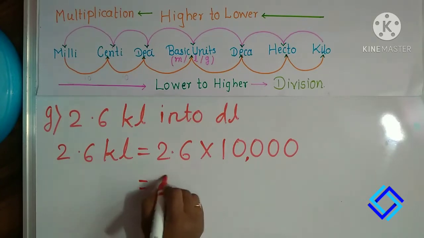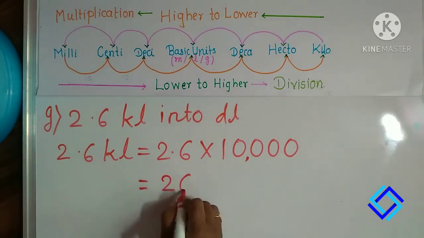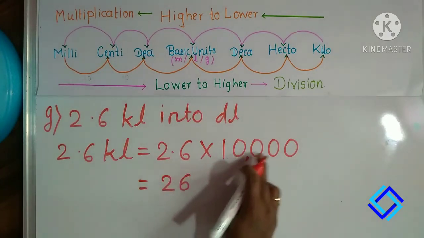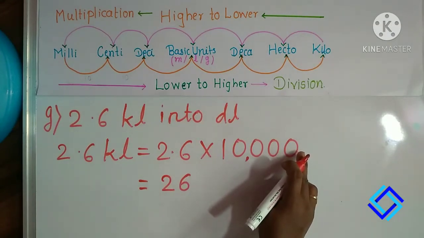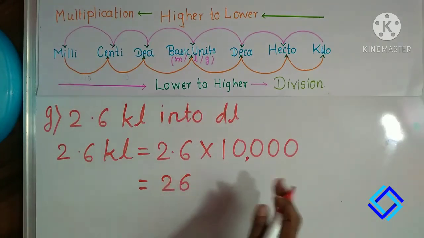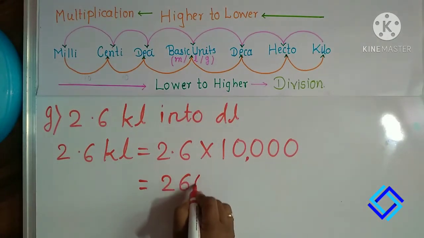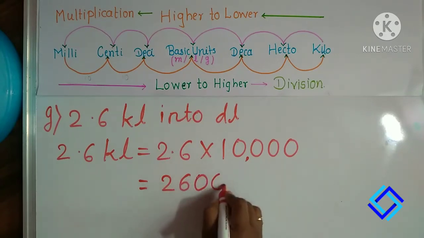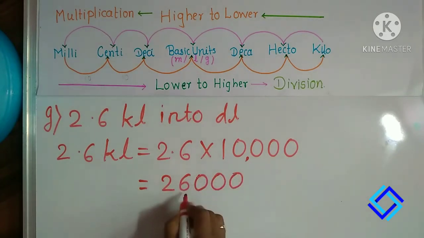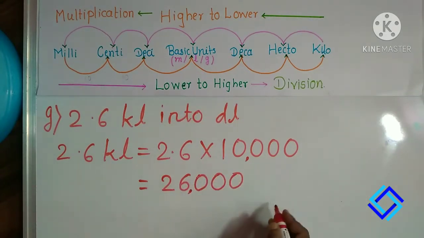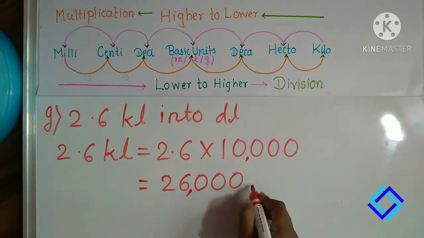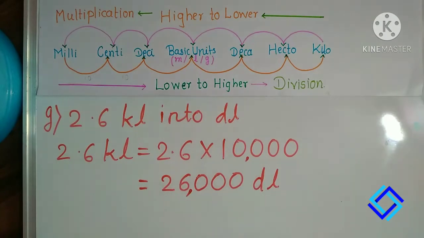The decimal point will move 4 places. So 6 is 1 place, 2nd place, 3rd place and 4th place. So 26,000 is the answer. So 26,000 deciliter.